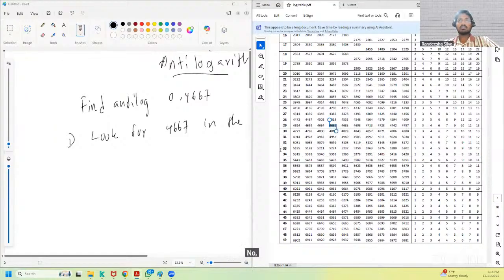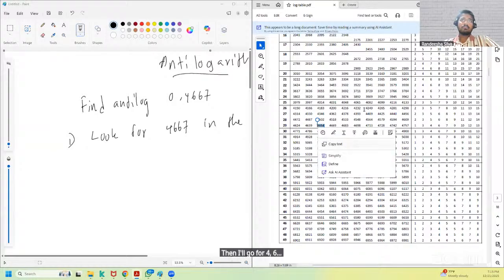No, because we have to go for the closest which is smaller. 69 is greater, so I will go for 4654.